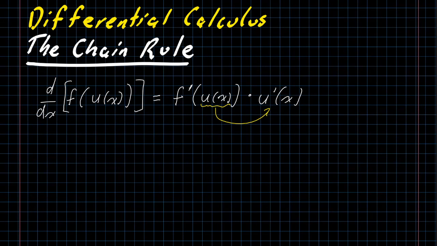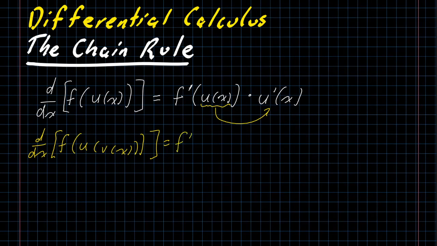If we had a deeper chain of composition, if we wanted to take the derivative of f of u of v of x, it would proceed the same way.